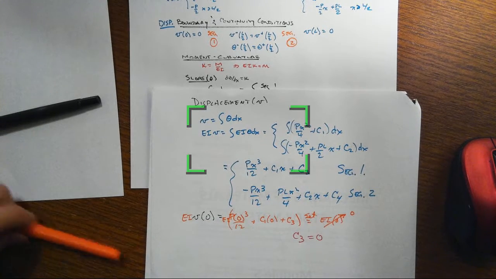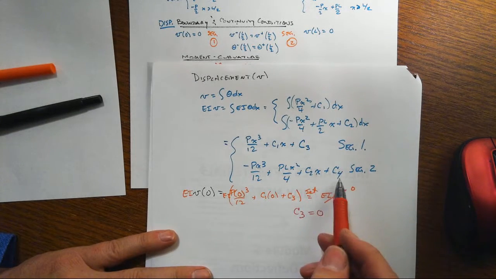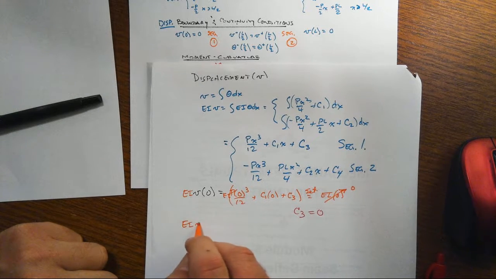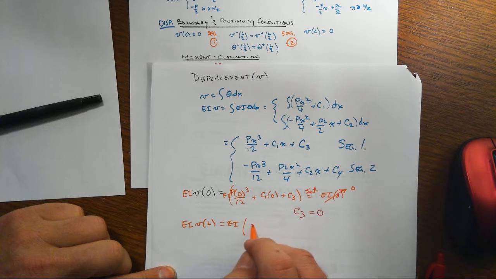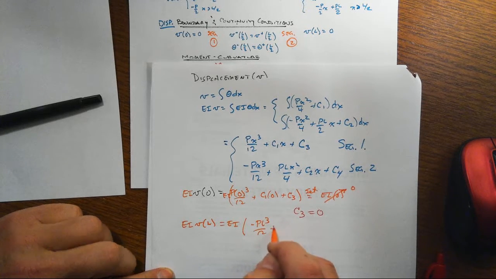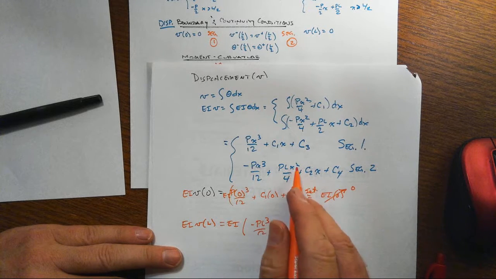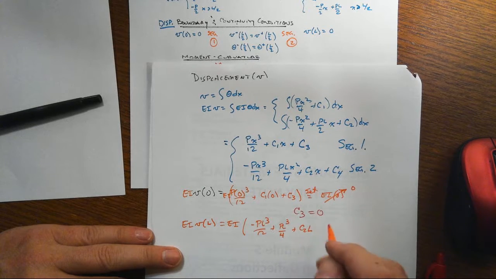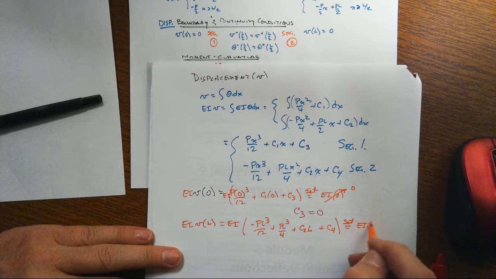Great. Now, when you put v at L into this other one, then you're going to get EI times minus pl cubed over 12 plus pl times l squared, which would be l cubed, over 4 plus c2 times l plus c4, and that's going to get set equal to EI times 0.